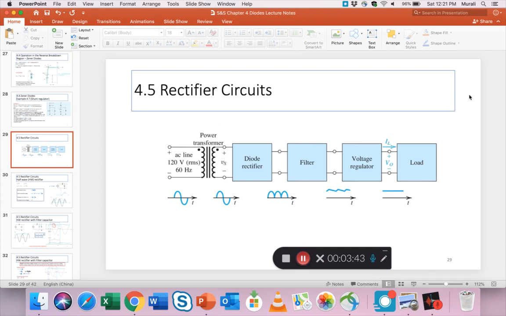But the bottom line is a rectifier works off of an AC circuit or an AC supply and converts it into DC. So generally DC requirement is at a much lower voltage level than AC. Even if you assume the lowest level of AC available is what you get in our residential connections, that means in our homes, from the outlet on the wall, those can be 120 volts or 220 volts, right, 230 volts.